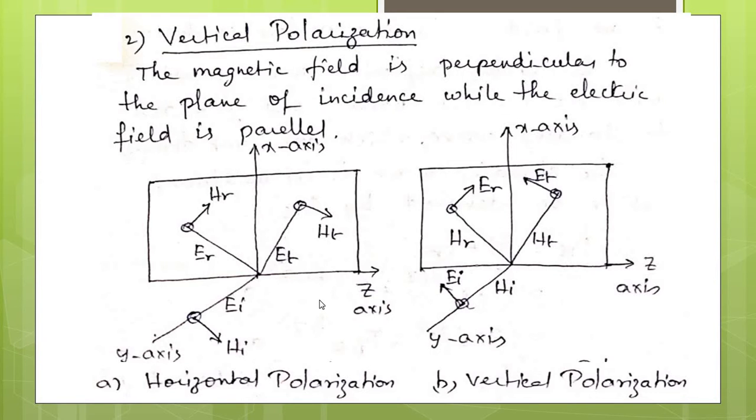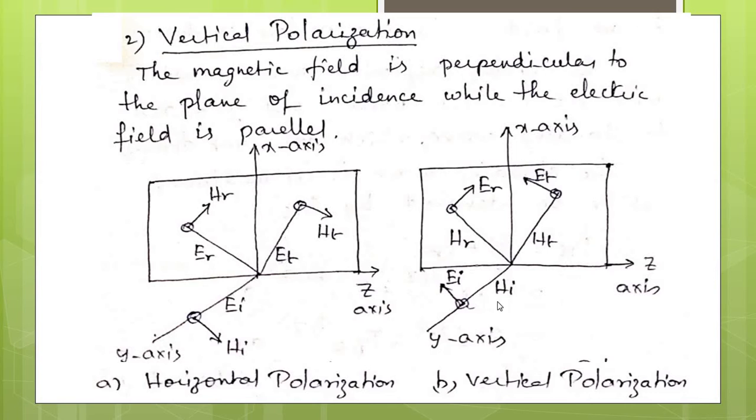You can see the diagrams for horizontal and vertical polarization. This is the electric field component, which is the incident wave component EI, reflected component ER, transmitted component ET. Similarly, HI is the magnetic field component for the incident wave, HR is the reflected component and HT is the transmitted component. This is the horizontal polarization.